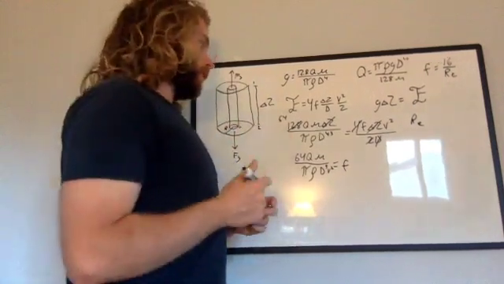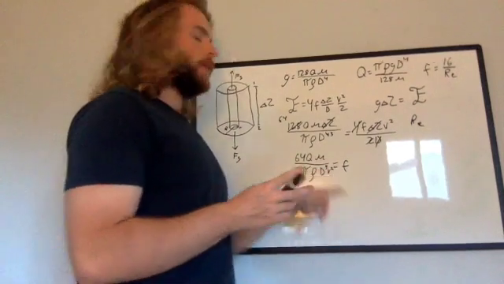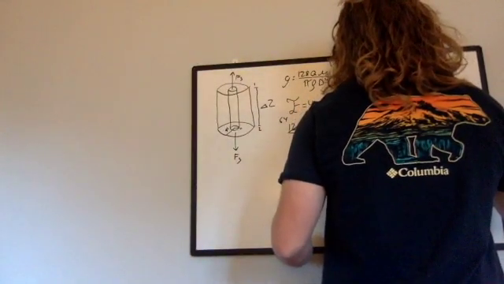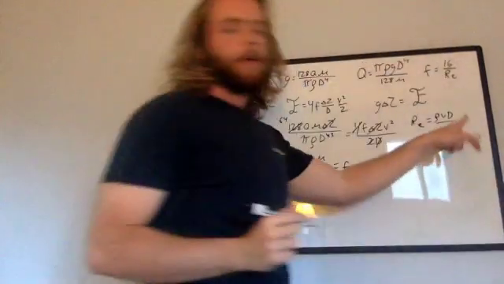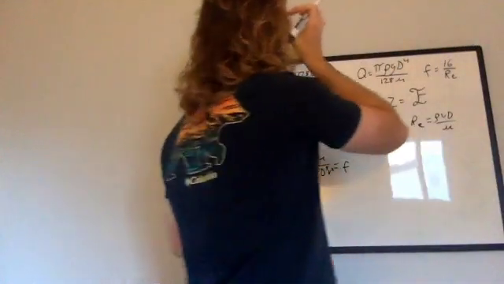I said volume, I meant to say velocity. So this is density times velocity times diameter, and then this is all going to be over mu, our viscosity. So this is what we are trying to get right here.